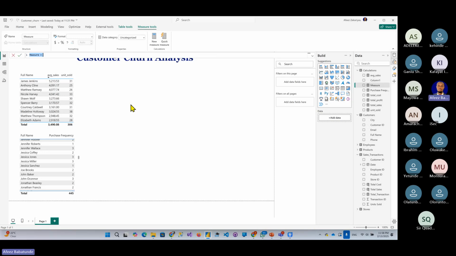Let's do bundle count, let me call it bundle count, equal sign. Let's count transaction ID.